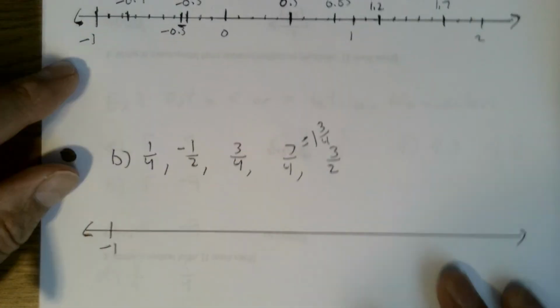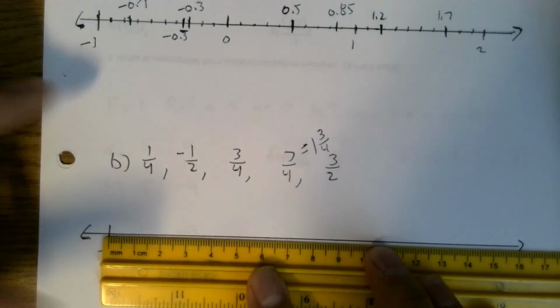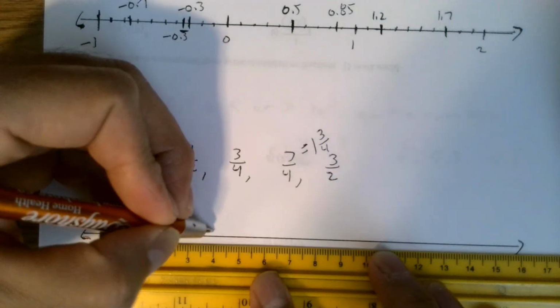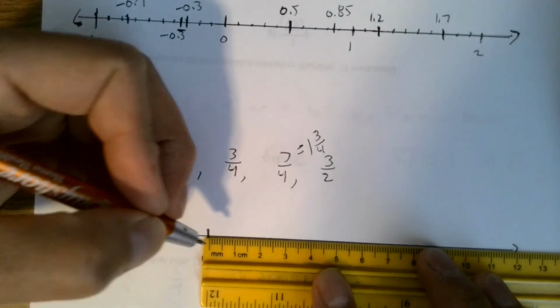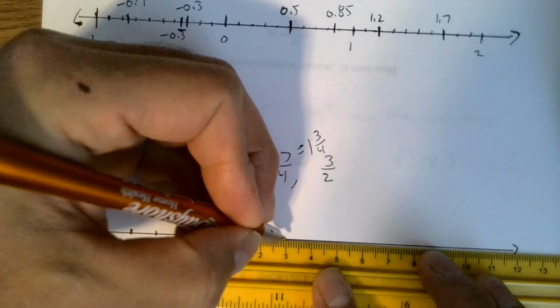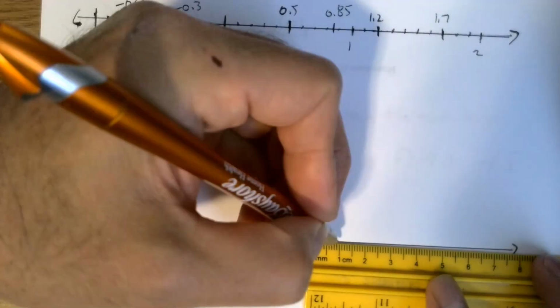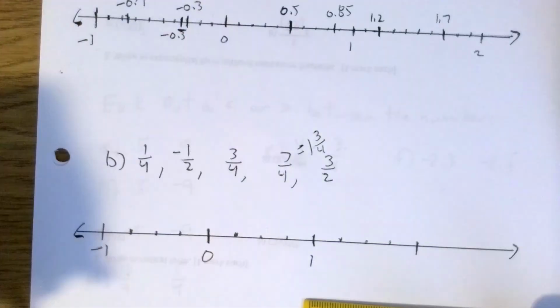And this time we want 4 spaces. So I'm going to use full centimeters this time, just because it'll fit. So 1, 2, 3. There's 4 spaces, gets me to 0. 1, 2, 3. 4 spaces gets me to 1. And 1, 2, 3. 4 spaces gets me to 2.